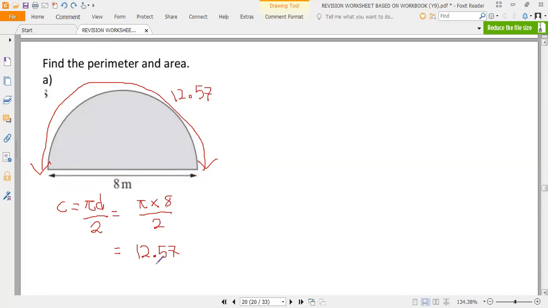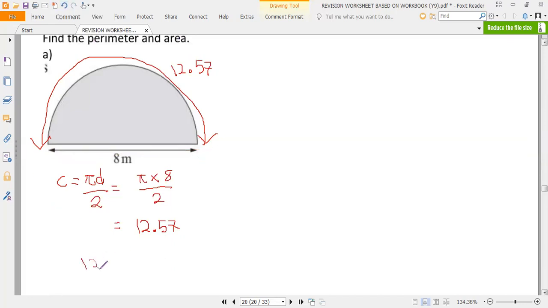So 12.57 plus 8. Just a simple number. 20.57, with the unit, 20.57 meters.